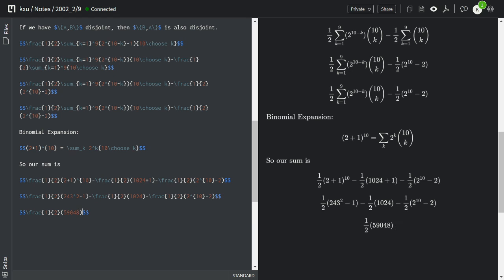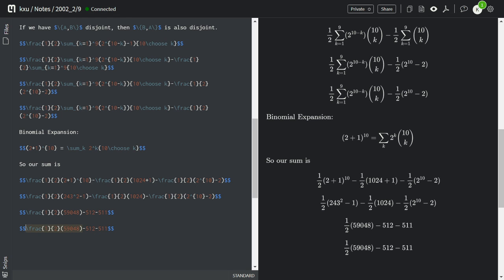So this is minus 512 minus, that's 511 because 2 to the 10 or minus 2. And you can just simplify and take mod 1000 or 2000 if you like, do the mod before the 1/2.